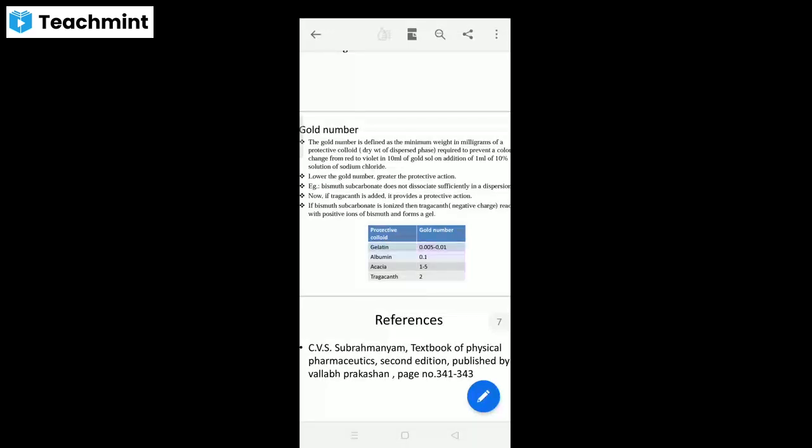And if coagulation occurs, the color of the gold sol will get converted into violet, because earlier the gold sol, being hydrophobic in nature, was red in color. By the addition of electrolyte, it changes color from red to violet, and that itself indicates that it is a coagulated hydrophobic dispersion, which we don't want.